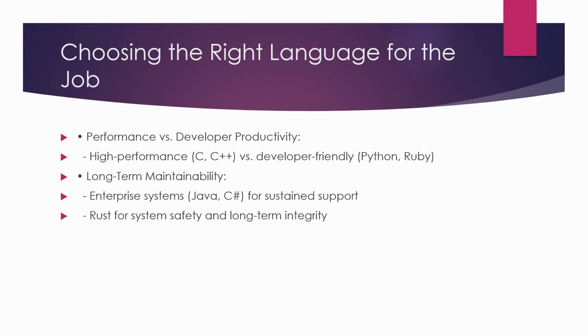In contrast, languages like Python and Ruby emphasize rapid development, allowing developers to quickly prototype and iterate, though with a potential sacrifice in performance. Additionally, long-term maintainability should be considered, with languages like Java and C# offering strong ecosystem support for enterprise applications, and Rust providing long-term safety for system-level development.